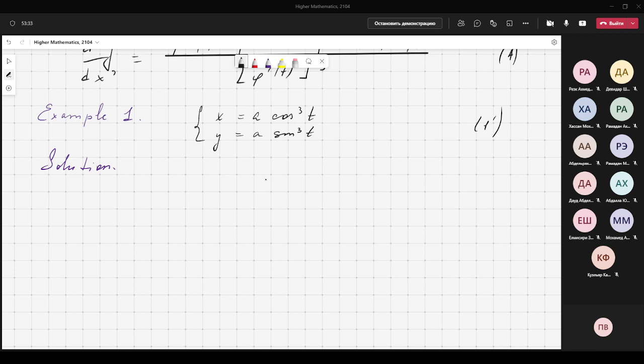Here the interval from minus a to a is the range of x.